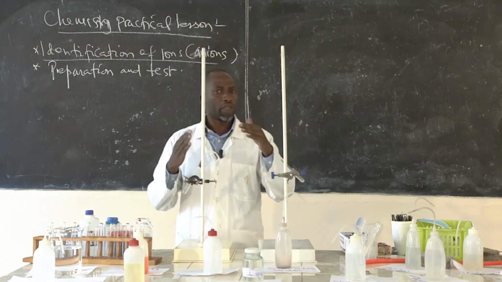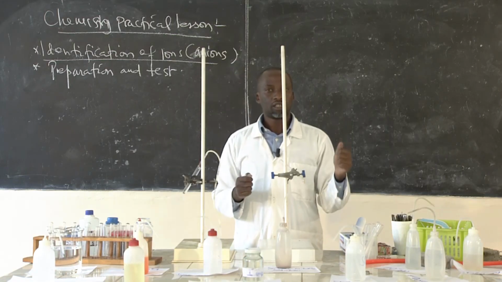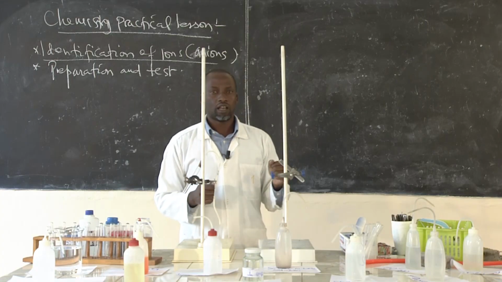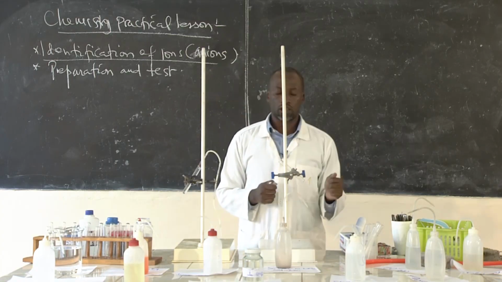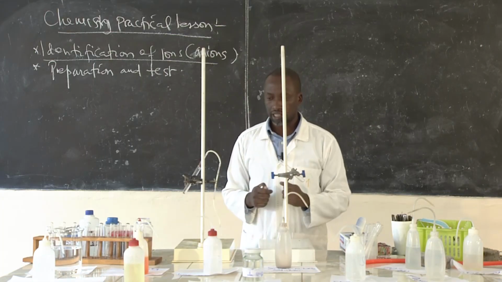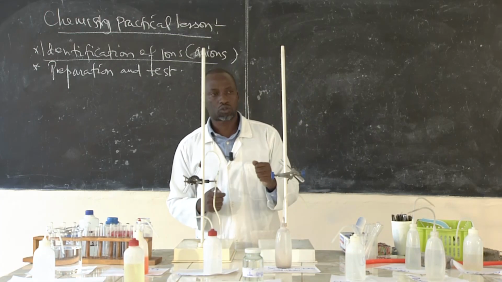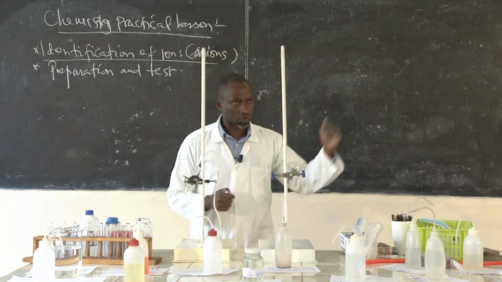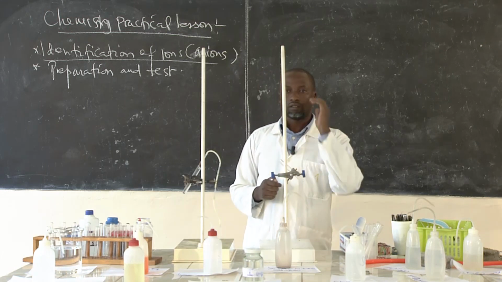But you remember we mentioned some other methods. We mentioned, for example, manganese 4 oxide reacting with concentrated hydrochloric acid. It also gives chlorine gas. Remember we talked about bleaching powder also reacting with hydrochloric acid. It also gives chlorine gas.